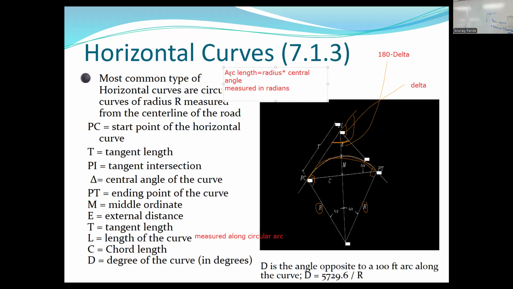And then you can figure out that 180 over pi is the conversion factor to go from radians to degrees. Pi over 180 is the conversion factor to go from degrees to radians. So angle in radians is equal to angle in degrees times pi over 180. Angle in radians is going to be angle in degrees times pi over 180.